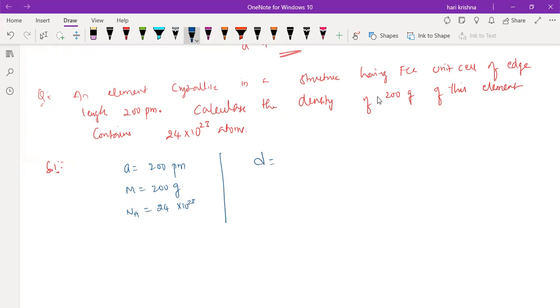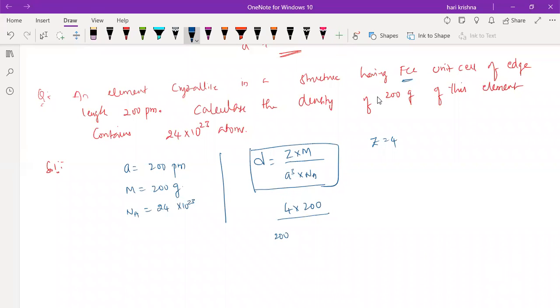So density is equal to Z into M by A cube into NA. They mentioned FCC, so FCC Z value is equal to 4. So 4 into 200 by 200, and they didn't give the density.